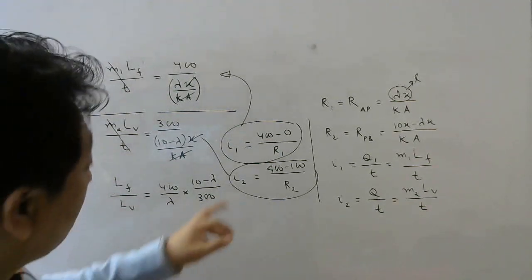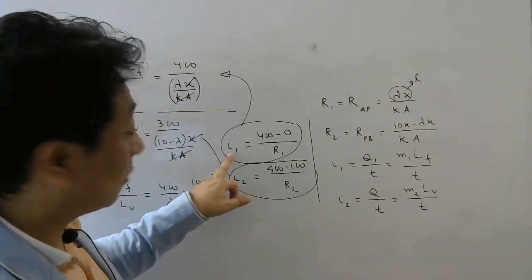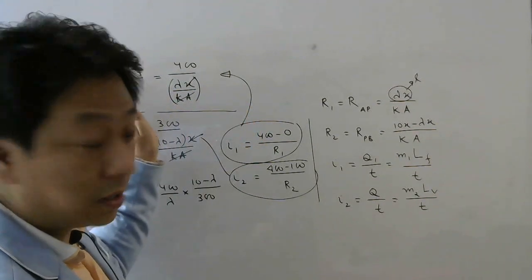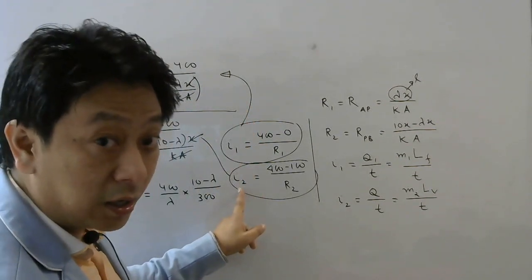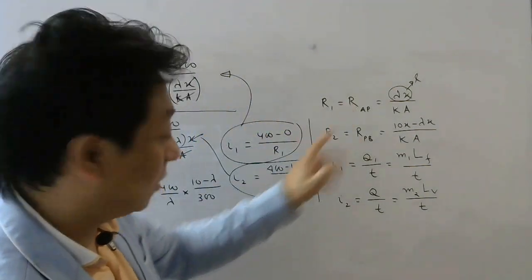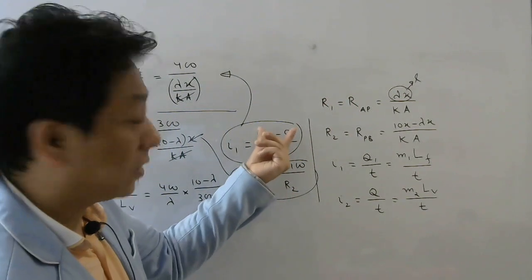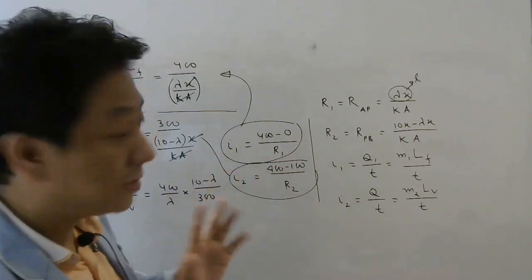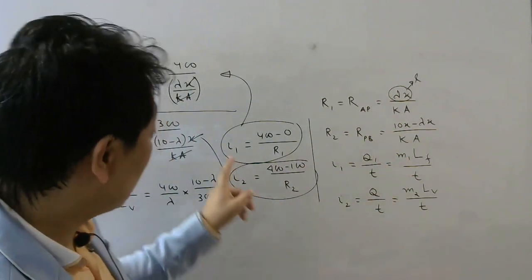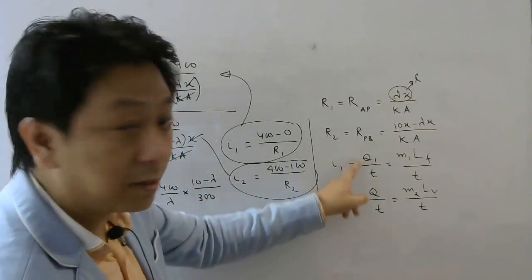So I hope you understood. Let me just quickly tell you. I wrote the formula for the heat current which goes from 400 degrees to 0 degrees. Then I wrote the formula for the heat current for the heat which goes from 400 degrees to 100 degrees, using Ohm's law, temperature difference divided by resistance. Then I wrote the resistance formula L by KA, and this heat current formula is heat by time.